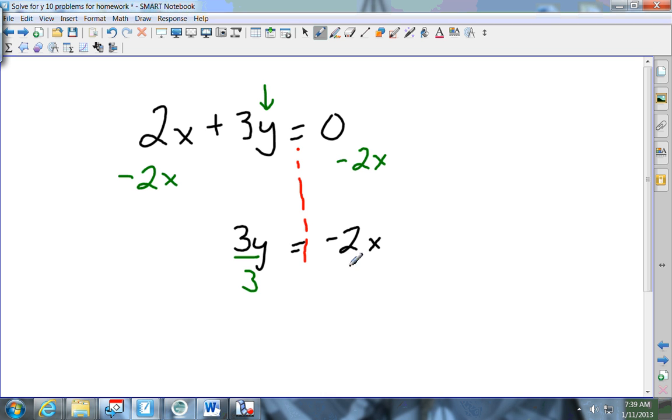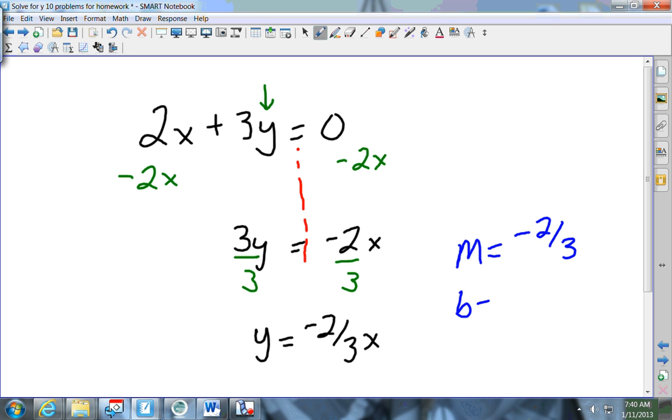Divide by 3. Y equals negative 2/3 x. Now on this one, as a reminder, what's the slope? What number's the slope? That one. Negative 2/3. What's the y-intercept? Yeah, if there's not a number written right here, it's 0, because I could put a plus 0 right here, but I don't need to.